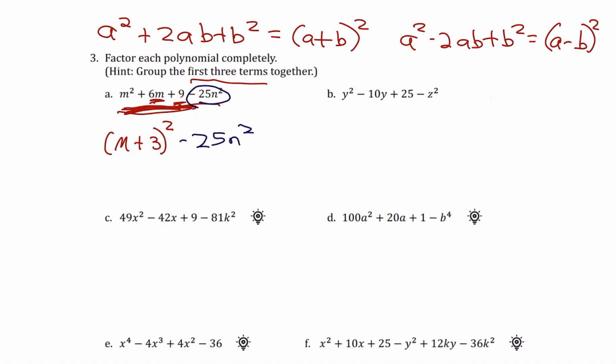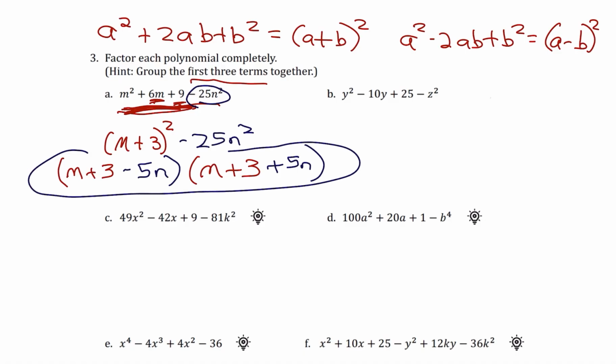In other words, we can now factor by taking the square root of the first term, so m plus 3, and then I'm going to show this part in blue, the minus 5n, and then we're back to the red with the square root of the first term, which is m plus 3, and then this time we say plus the square root of 25n squared, which is 5n. And this is the completely factored form. So it started as a perfect square trinomial, and then we did the difference of 2 squares.